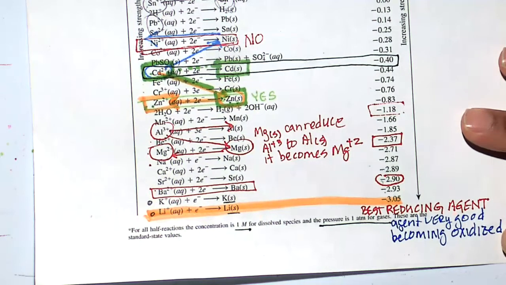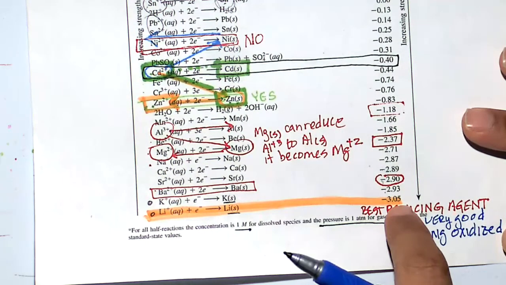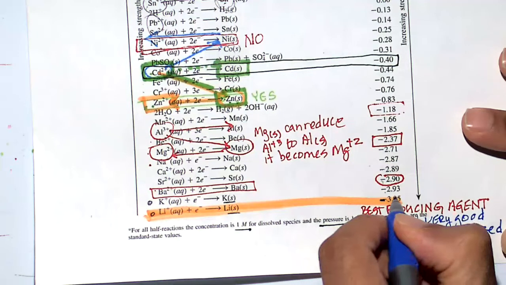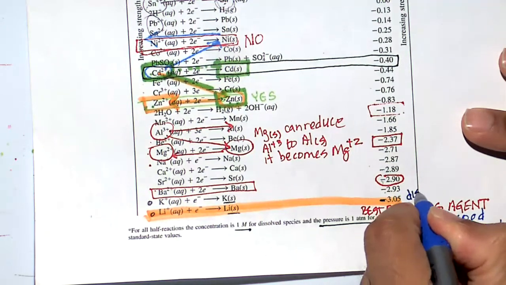Very, very bottom. We'll go to the very top later. So minus 3.05, is that favored or disfavored? Negative. Disfavored.